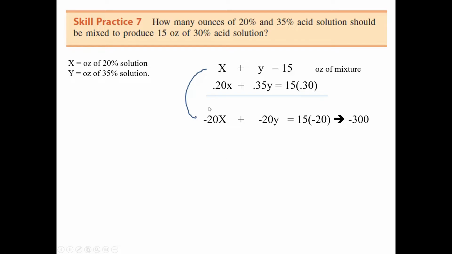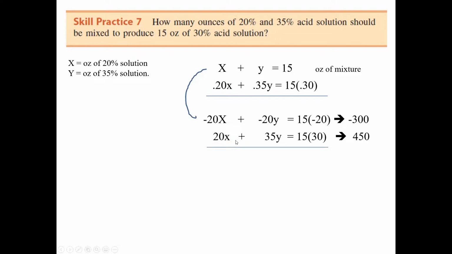So we add the two equations. Well, first, we find an opposite pair. So we multiply everything in the first equation by negative 20. So we get this, the 15 times 20 here, 15 times the negative 20, we're multiplying everything, is negative 300.